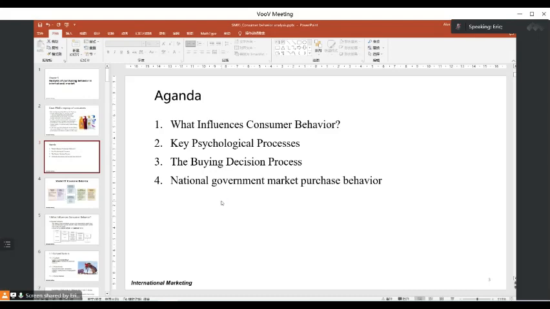So the government, NGOs and other organizations also buy things. So their behavior is also important. If we have time, we will discuss the first question. But in front of it, the three of them are very important. What are the influences on consumer behavior?